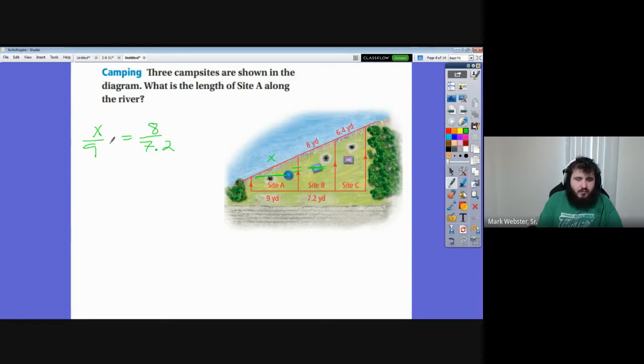So let's do our cross product. 7.2x equals 9 times 8 is 72. 72 divided by 7.2, that's 10, right? Everybody sees that? 7.2 times what is 72? 10.